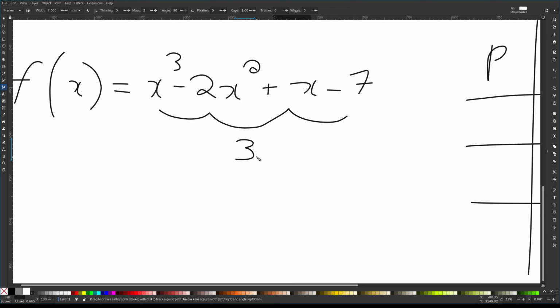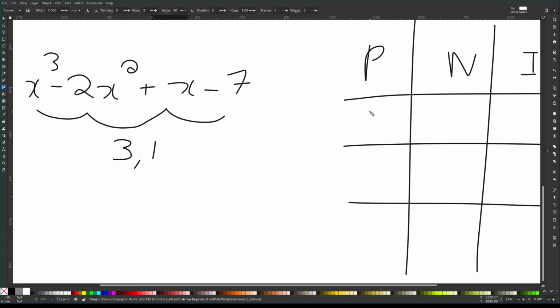And one other thing is that it's either this number or off by subtracting a multiple of 2. So it's 3 or 1. If we had 10 sign changes, it could have been 10, 8, 6, 4, 2, 0. In this case, we get it easy. So there are either 3 positive zeros or 1 positive zero.